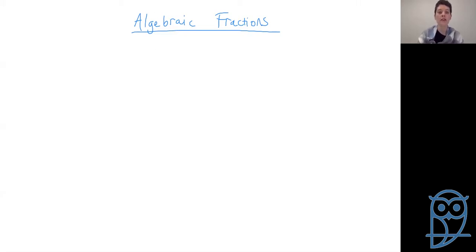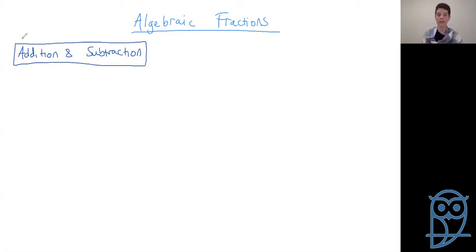So if we think firstly about addition and subtraction, we have exactly the same rule here as we do for numerical fractions. The denominator must be the same.